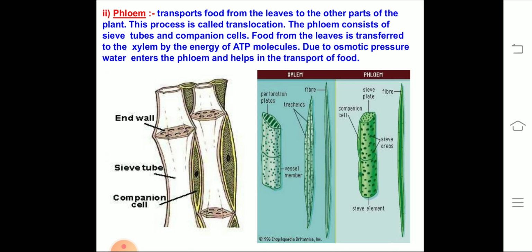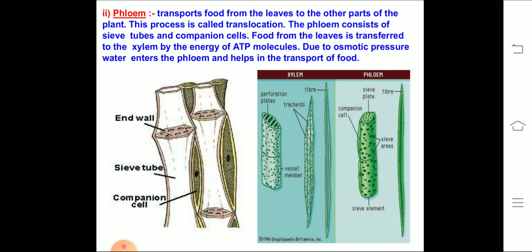Food is transferred from the leaves to the phloem by the energy of ATP molecules. Also osmotic pressure is created because of this, which makes water enter the phloem and helps in the transport of food. This process of transport of food by the phloem to different parts of the plant body is called translocation.